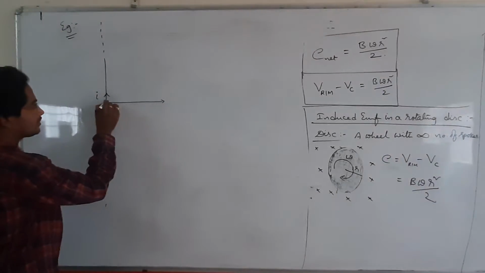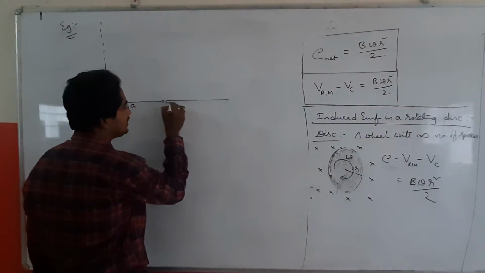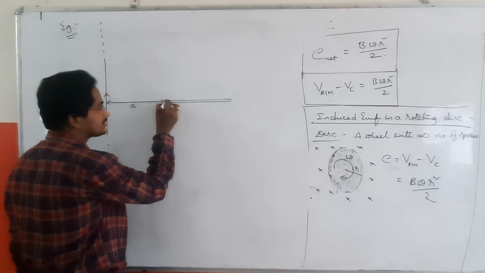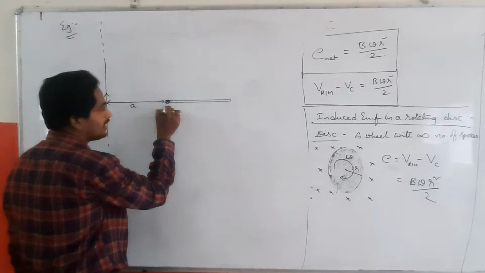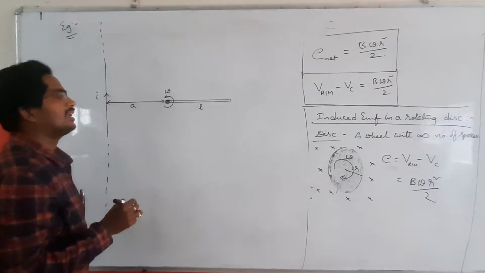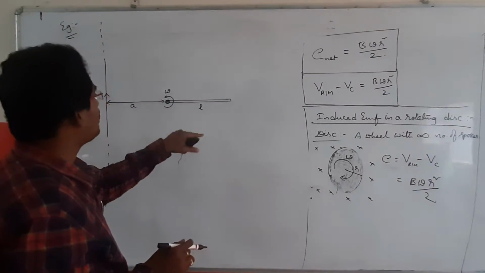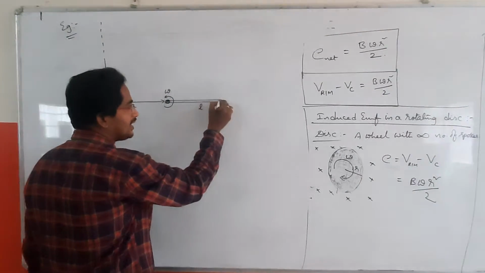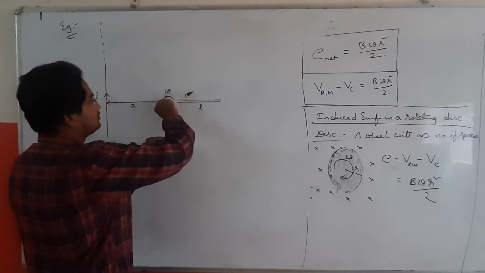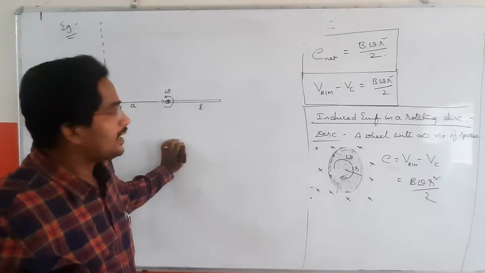At a distance from this, a rod is placed here. It's rotating about this axis with angular velocity omega. The length is L. Now we want to get the induced EMF across this rod while it is rotating like this.